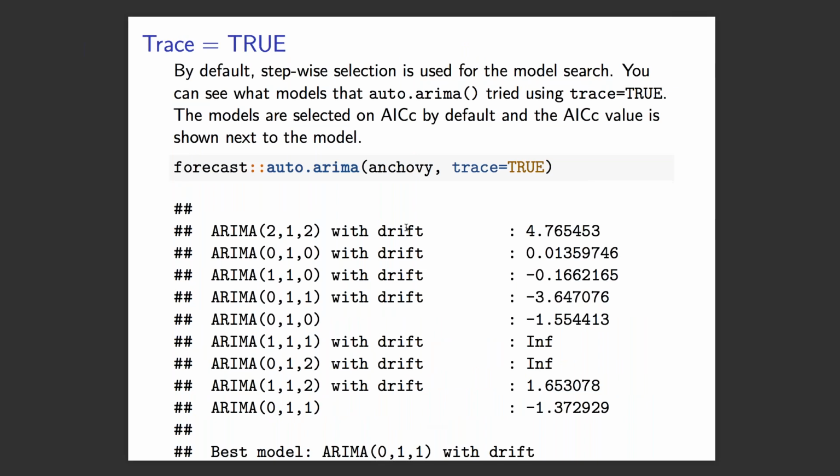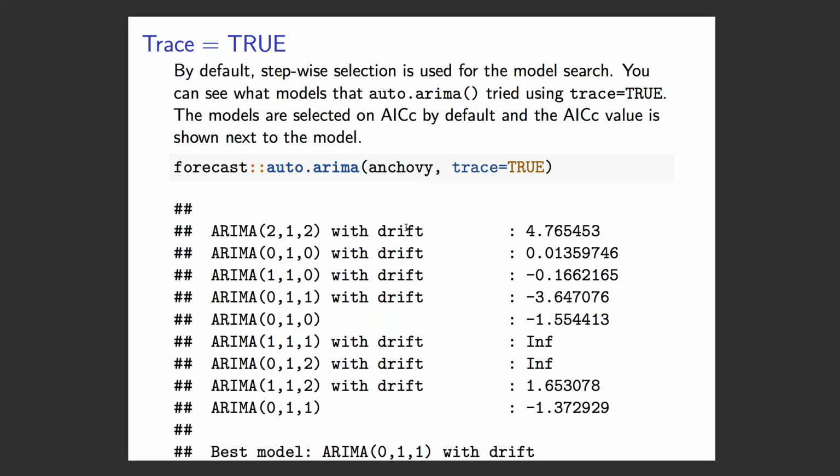Okay, so this function needs to search all these models, and by default the way it's going to do this is stepwise selection. And we can change that. We'll see later, we can turn that off. But let's just leave stepwise selection on there. And we want to see what models it fit. It's showing us the models that it went through.